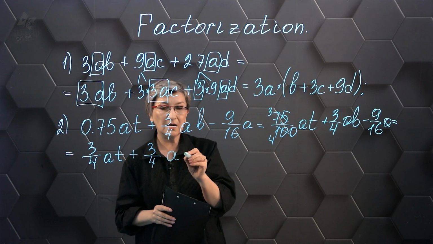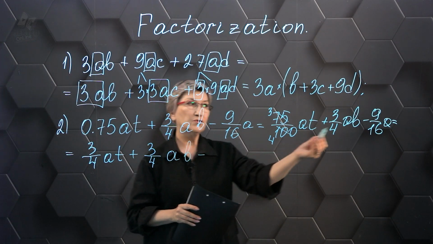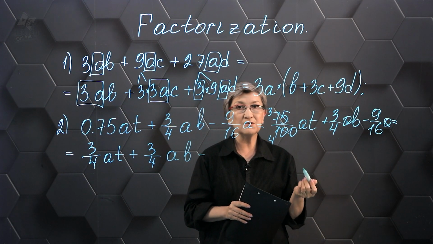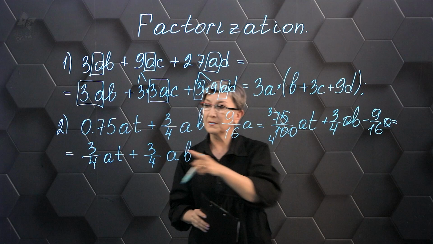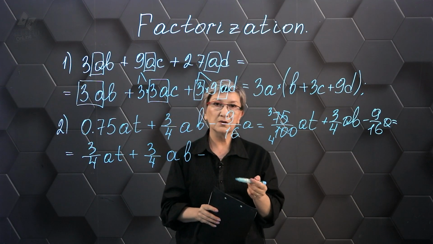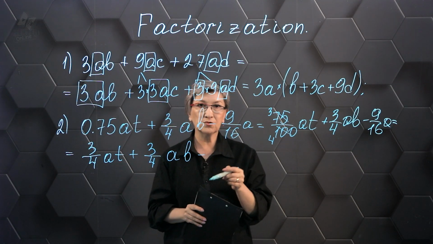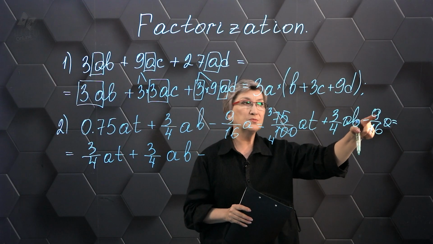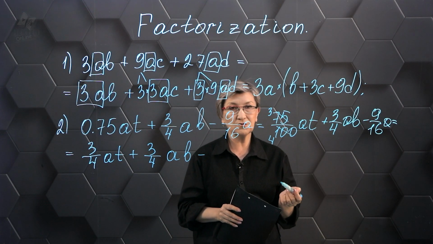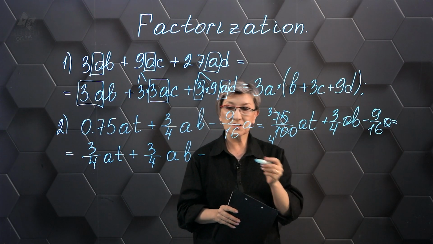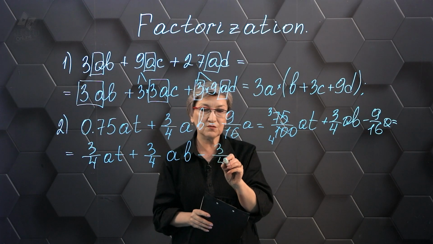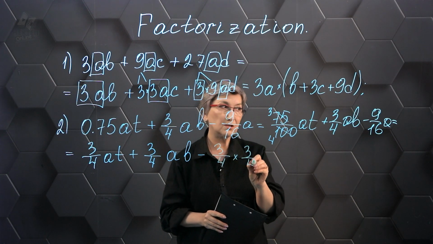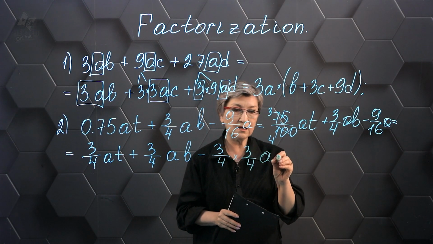The letter part, ab, and the third summand is the fraction 9/16. But let's check it out. If the first two summands have the same fractional part, then let's try to divide 9/16 by 3/4. And indeed, we can write 9/16 as 3/4 times 3/4. And I'm going to rewrite the letter a.